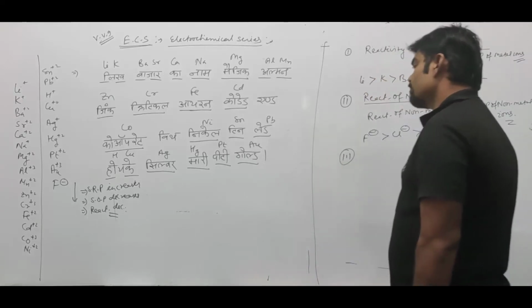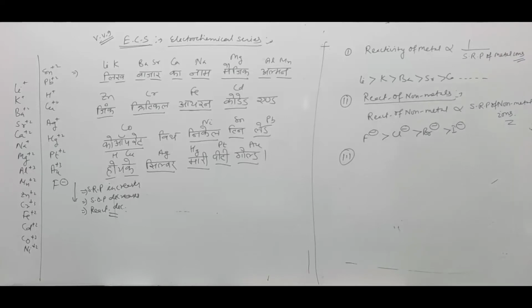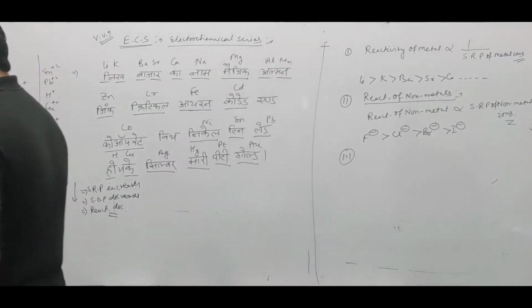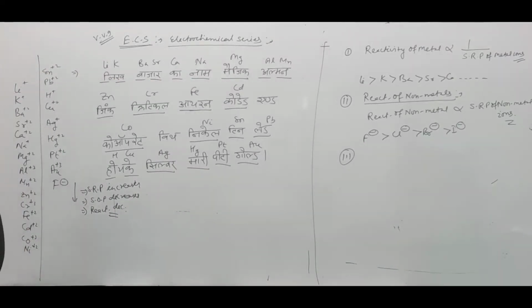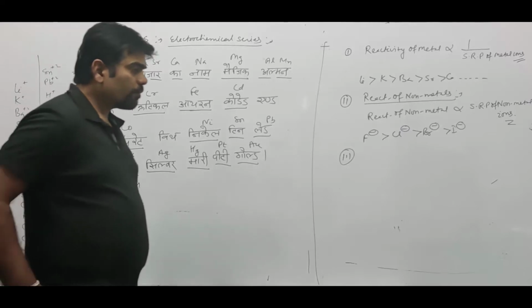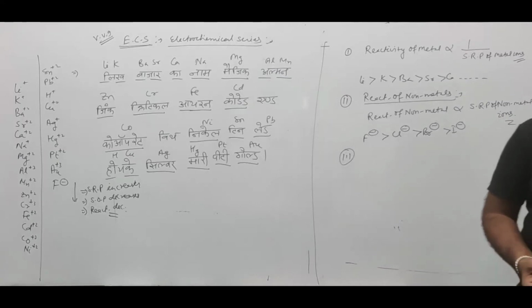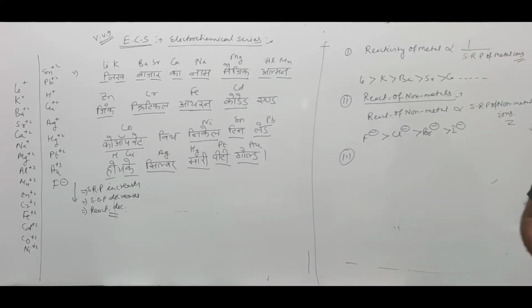Next, applications. To explain the evolution of hydrogen gas from water or dilute acids: metals which are more reactive than hydrogen, placed above hydrogen in electrochemical series, can displace hydrogen from dilute acids and water.